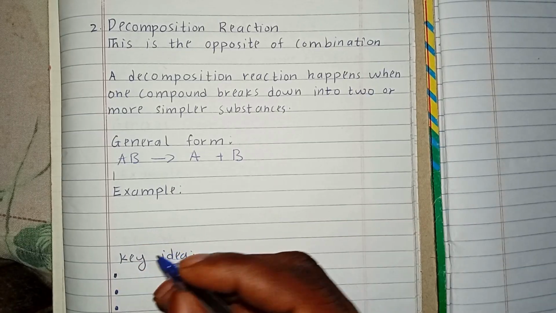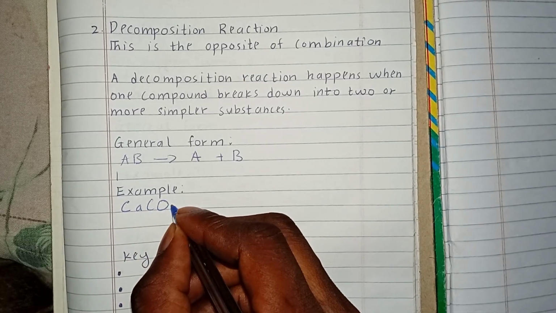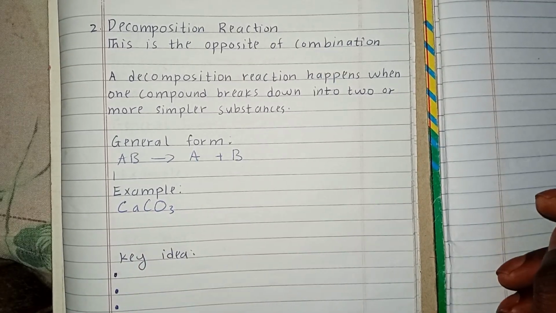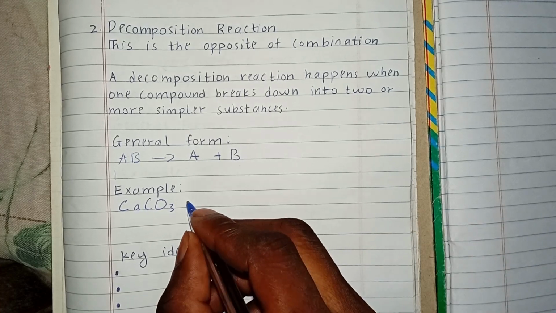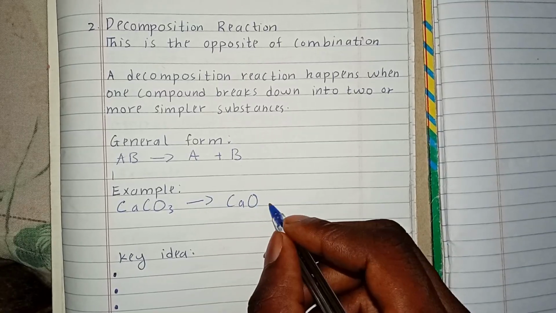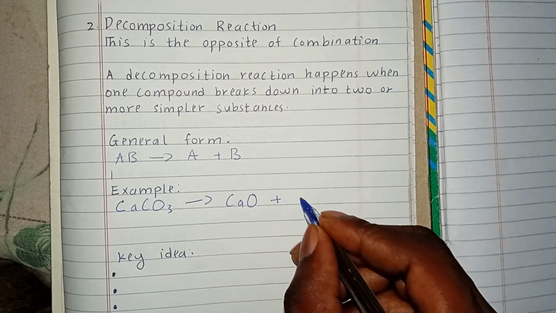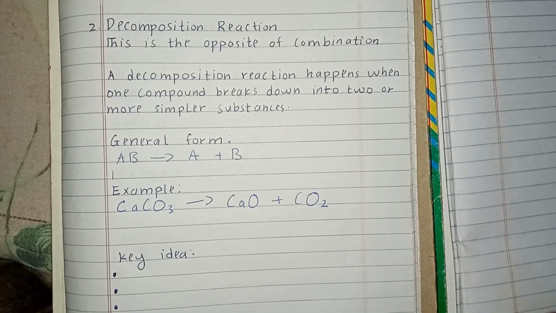So one common example is CaCO₃, calcium carbonate, breaks down into CaO, calcium oxide, plus CO₂. Very, very simple.